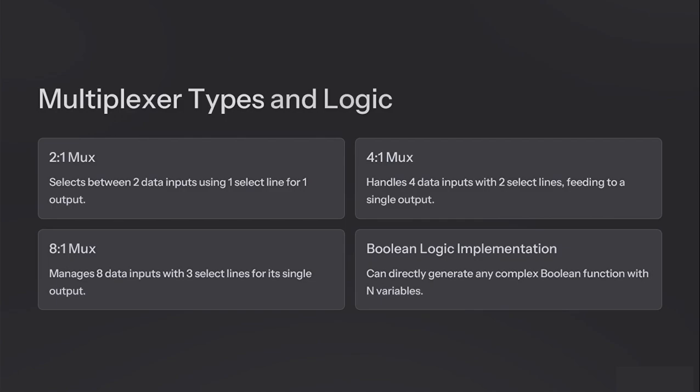Types of multiplexers and logic. So we have the 2-to-1 MUX. Selects between two data inputs using one select line for one output. And we also have the 4-to-1 MUX.